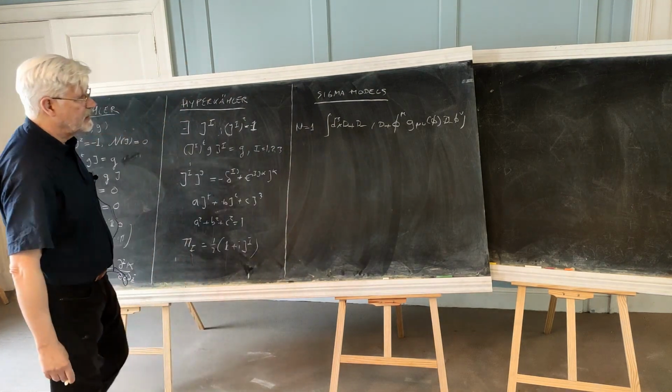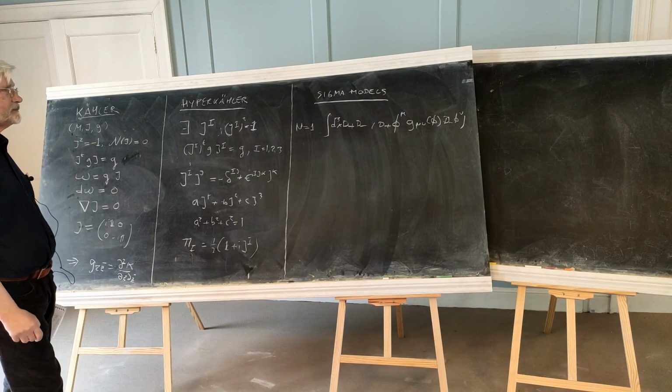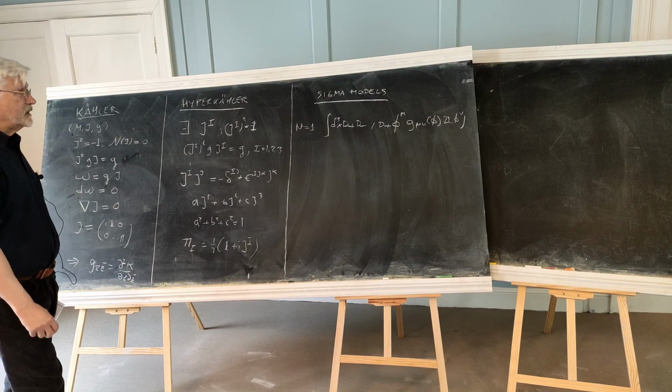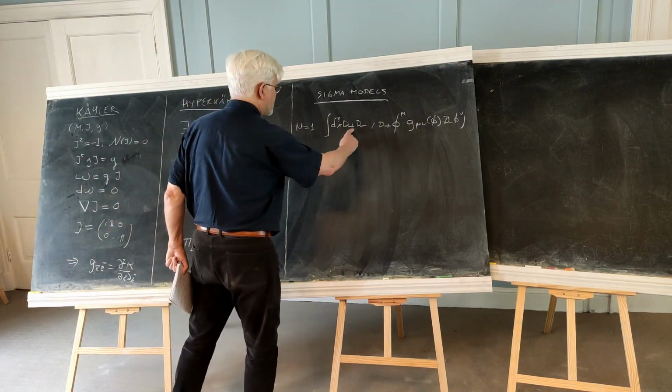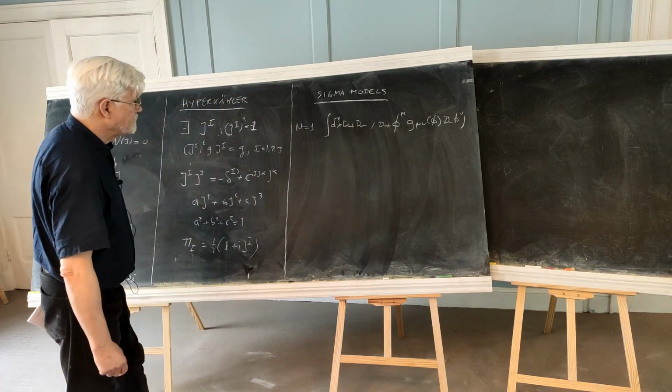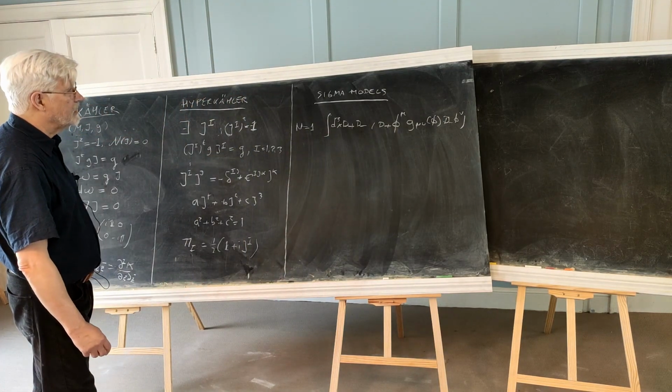But the phi's are still chiral. And this is the N=1 measure.